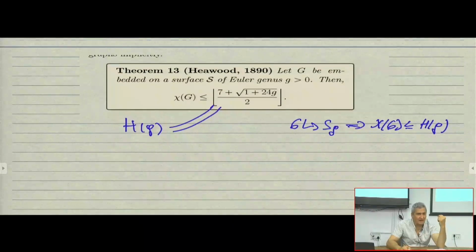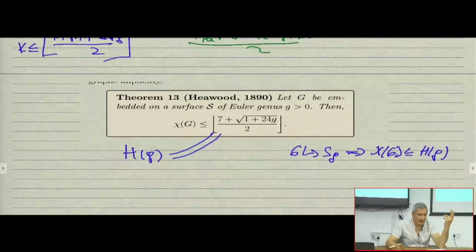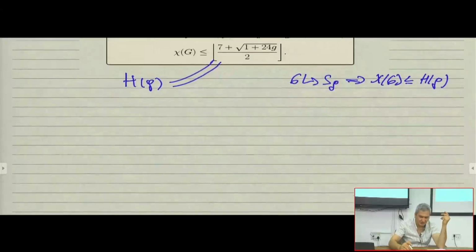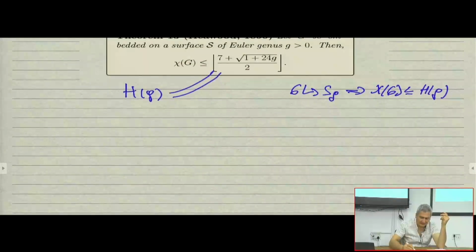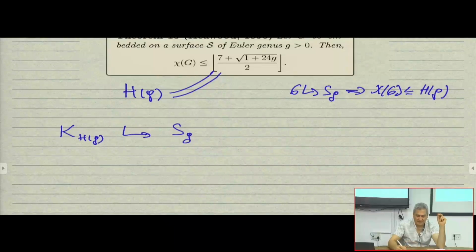So then it took like 80 or 100 years later, Ringel and Youngs, they proved that, and some other people with some special cases, they proved that the complete graph on the Heawood number of vertices can be embedded in this surface, unless S is the Klein bottle.